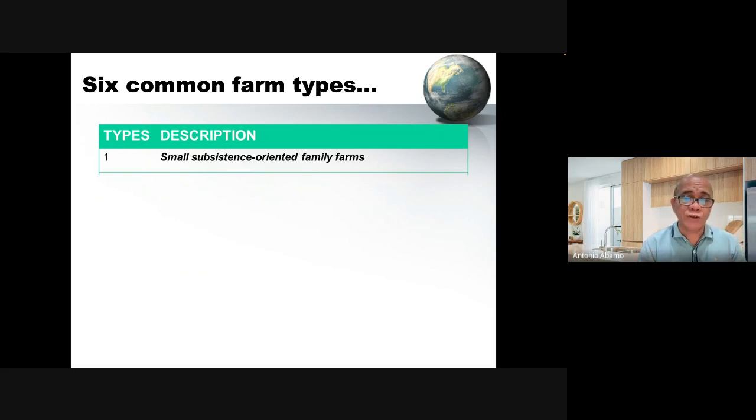Agricultural production management is actually the application of the principles of farm management. And farm management is the use of economic principles and economic analysis in making choices in running and operating the farm business.